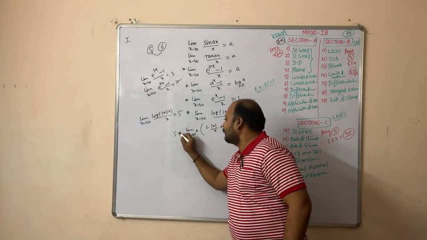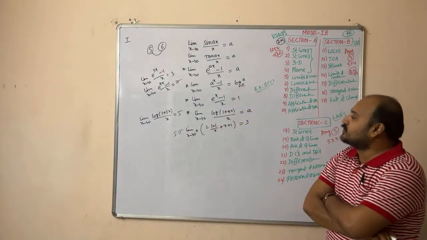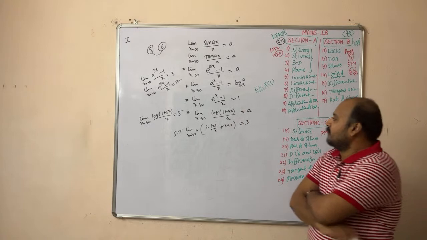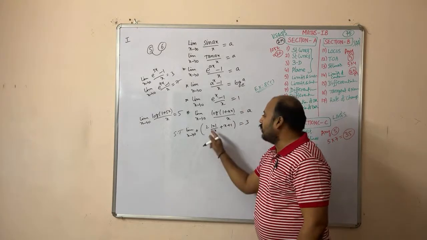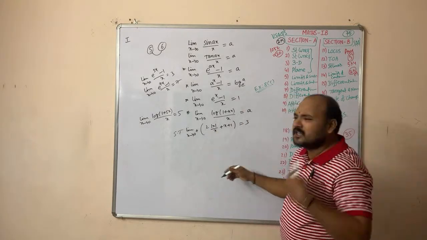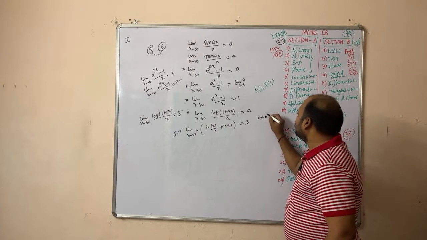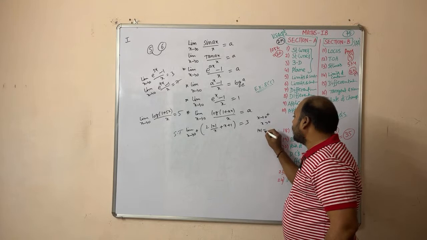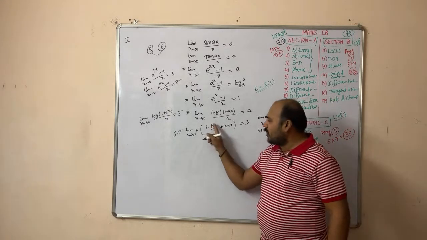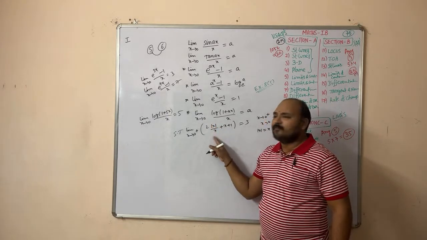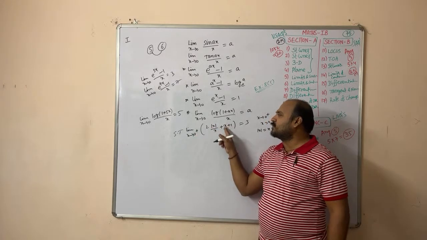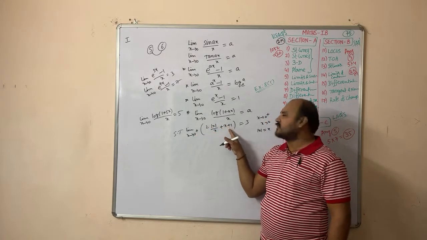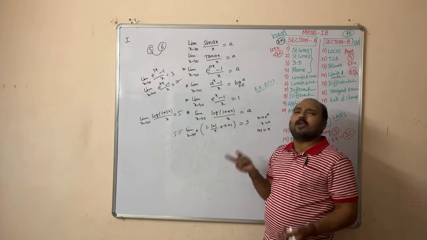Here the solution is very easy. When x tends to 0 plus, x is greater than 0, and whenever x is greater than 0, mod x will become x. So in place of mod x you can write x, and it gets cancelled. X tends to 0 means x is equal to 0, substitute: 2 into 1 plus 0 plus 1. 2 plus 1 is 3 only, no?